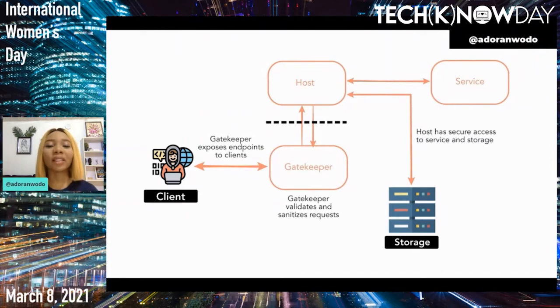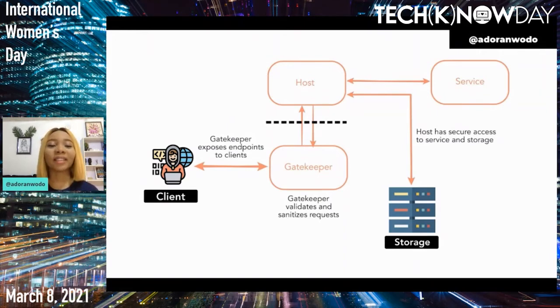A way to make sure that exposure isn't really a problem is by introducing a gatekeeper into your application's architecture. As opposed to having the host exposed directly to any clients, you introduce a gatekeeper before the host.